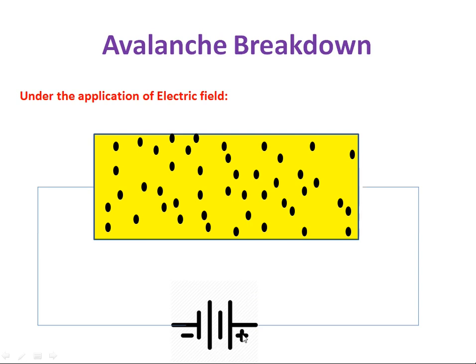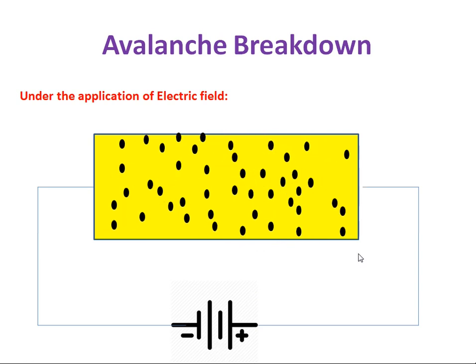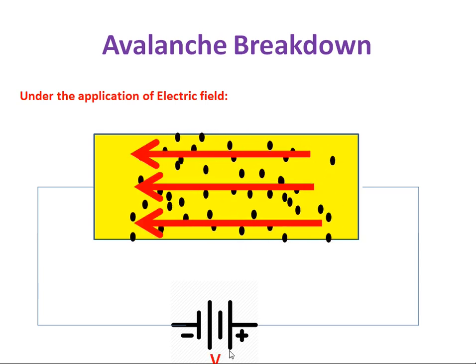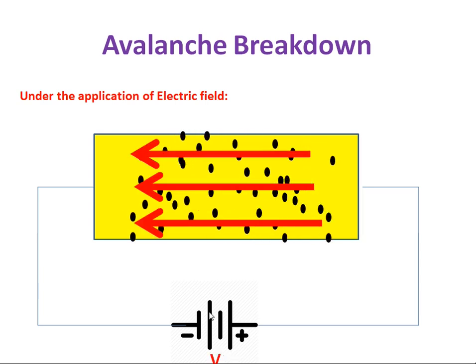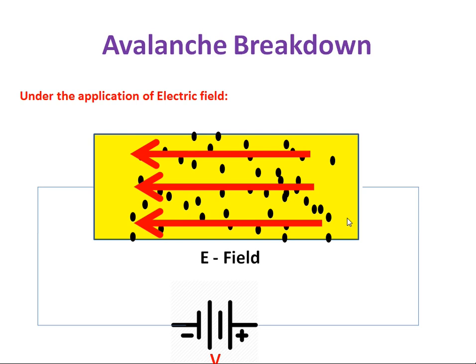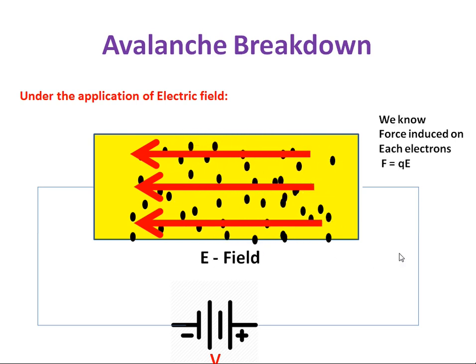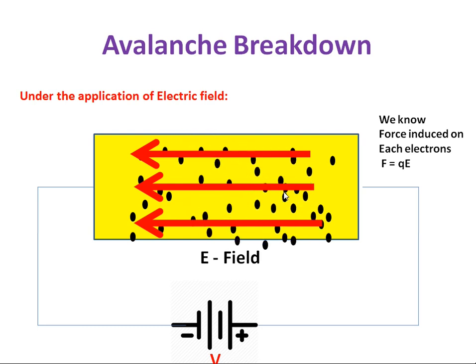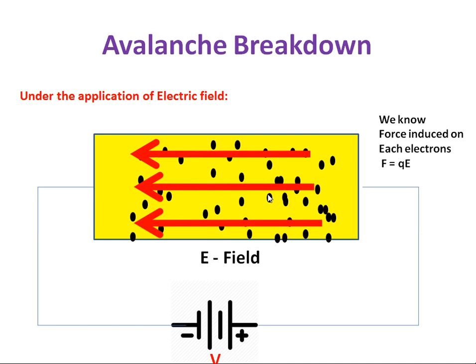Now we are going to apply some voltage to the depletion layer. Under this condition, apply some voltage V. This voltage V is applied across the depletion layer region, so it creates an electric field inside the depletion region. So this is an E field. This red line shows that it is an electric field. You know very well that these small black dots are electrons.